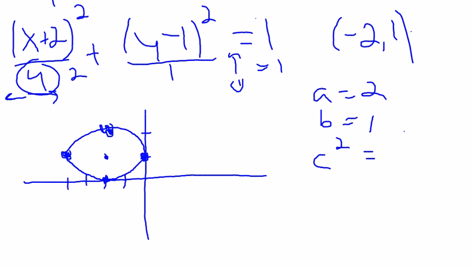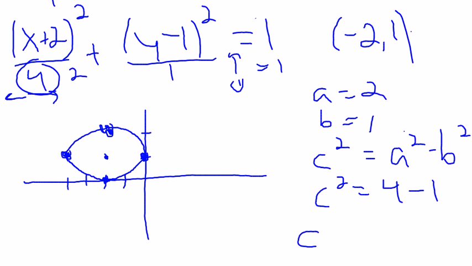C squared equals A squared minus B squared. So that gives me C squared equals, well, 4 minus 1, which gives me C is root 3. So root 3 is between 1 and 2, so I'm going to go like that and put an F. I'm going to go like that and put an F.